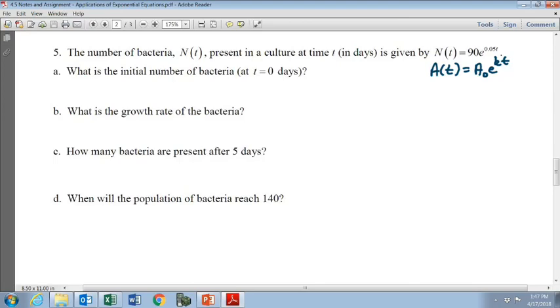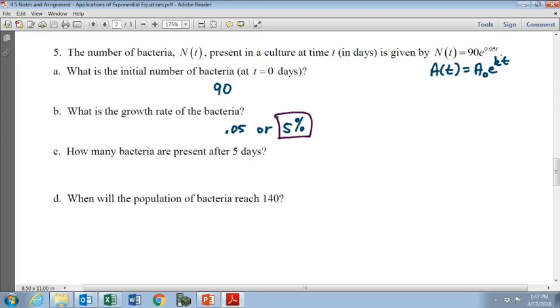On part A, what is the initial number of bacteria? At time 0, that would be 90. So we're starting with 90 bacteria. What's the growth rate? That's our k value, which is 0.05. We normally write that as a percent, so 5%. Move the decimal 2 to the right.